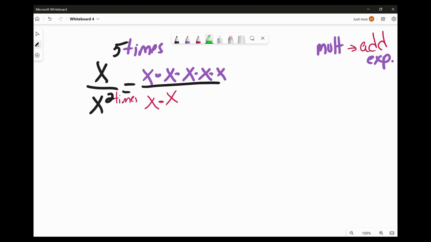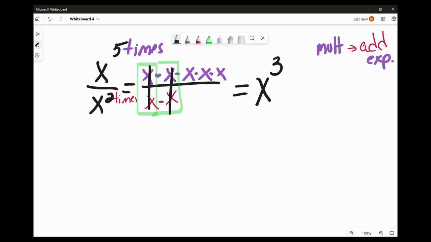What I want you to be paying attention to is you can simplify this, because x divided by x, or any number divided by itself, is 1. So this cancels out, and then the next one cancels out as well. What I'm left with in this division is x multiplied 3 times.